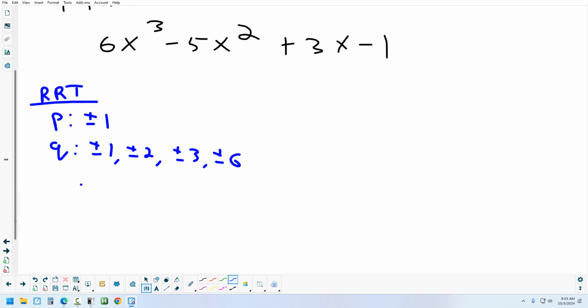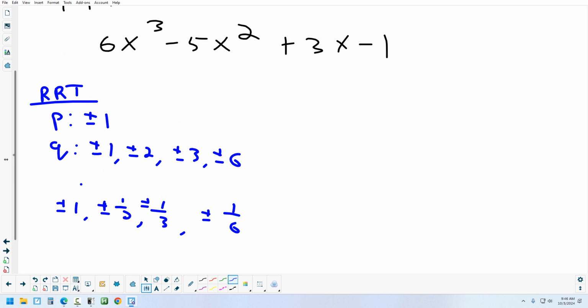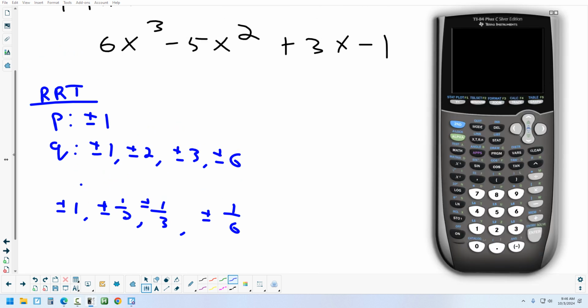So all my possible rational roots are basically 1 over all the q's. So 1 over 1, 1 over 2, 1 over 3, and 1 over 6. Okay, so if this is going to cross the axis anywhere that's a nice rational number, it's going to be one of those fractions.